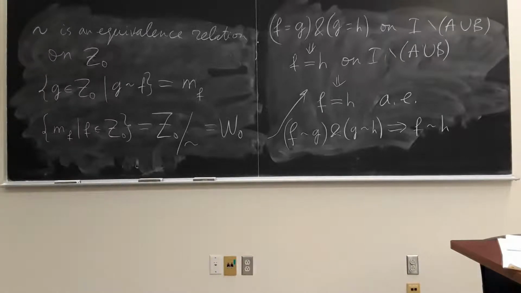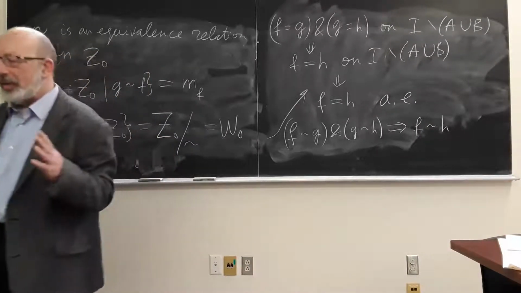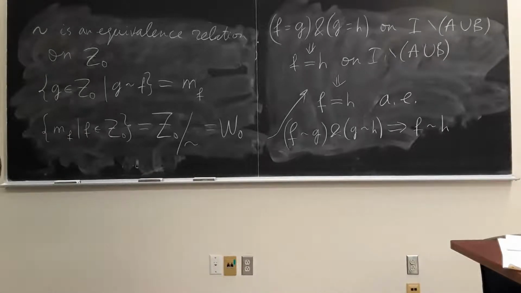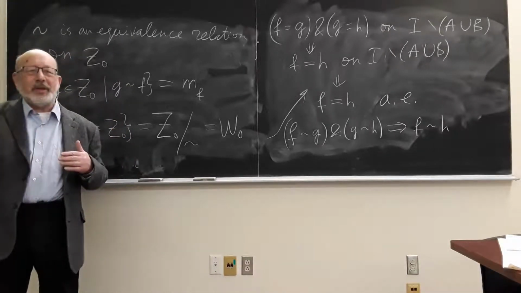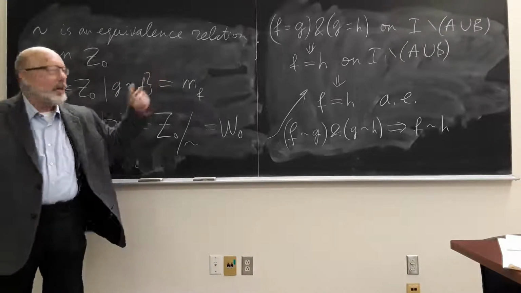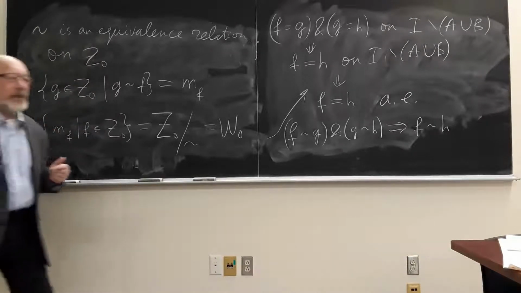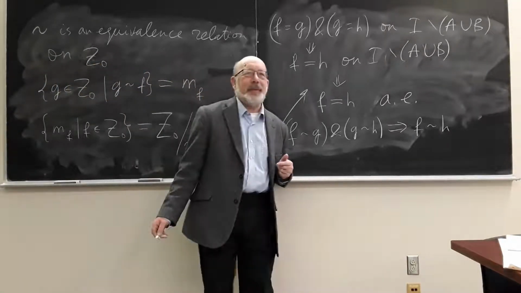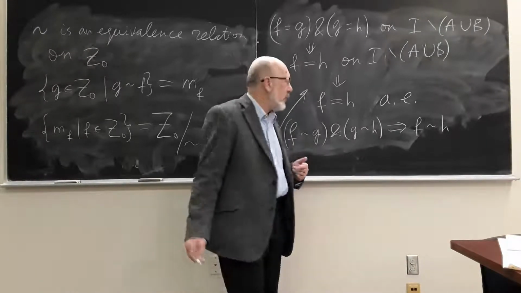So we define this new object. It is already a big object. It is the set of equivalence classes of functions on the index set I with values in S0 by this equivalence relation, which is defined by the ultrafilter. Very good.